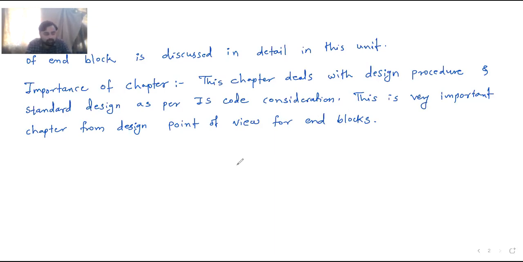Now, the central idea of the chapter. What is the idea behind this chapter?